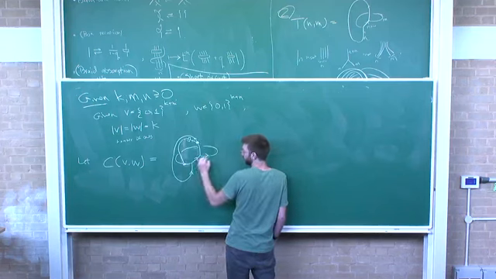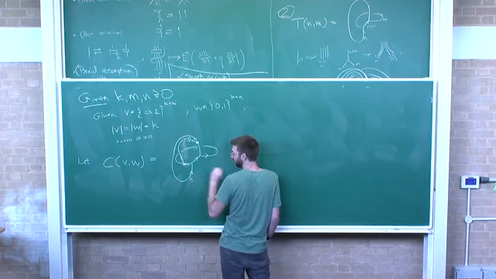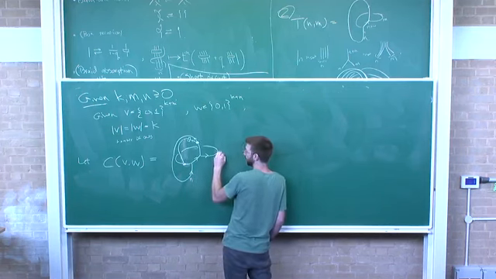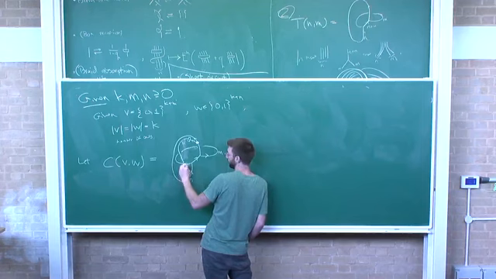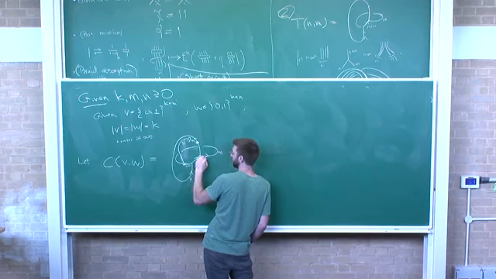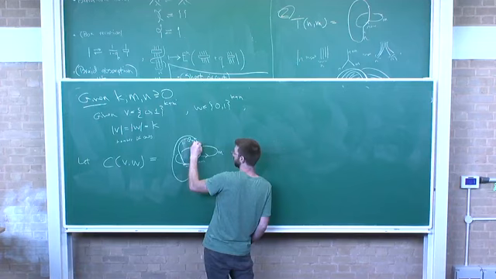Okay, so let's take n parallel strands here, m parallel strands here, and k parallel strands here. So I guess this number is m plus k, that number is m plus k plus n, this number is k plus n.